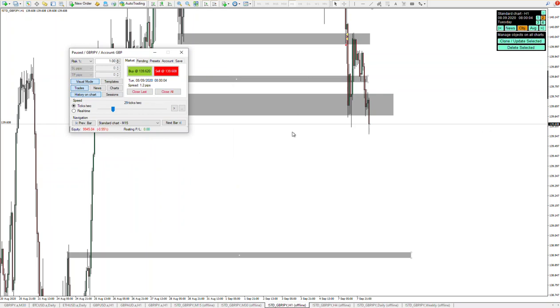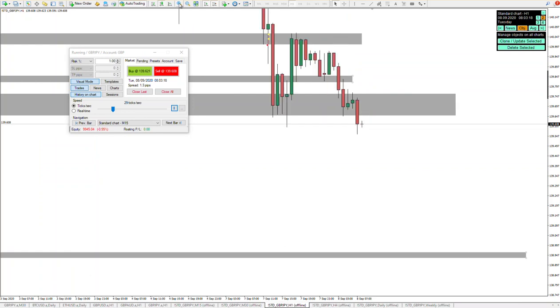That's a bit of a problem. Let's see if we can get an entry here. Well, the difficulty here is that we hardly have an upwick.